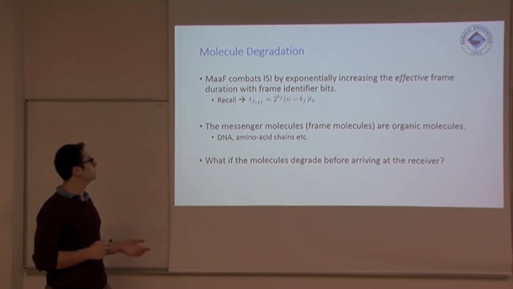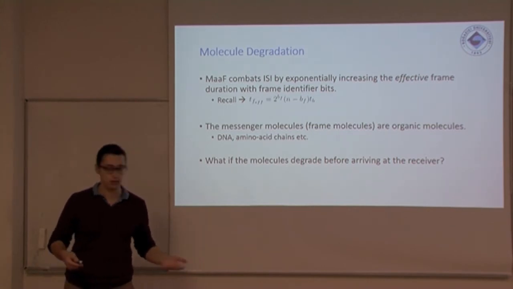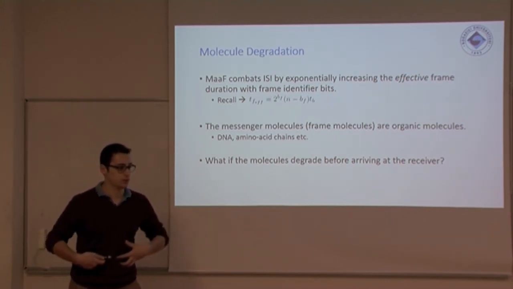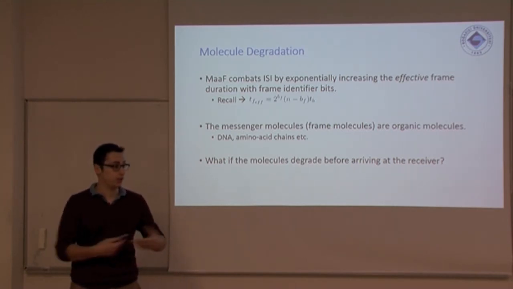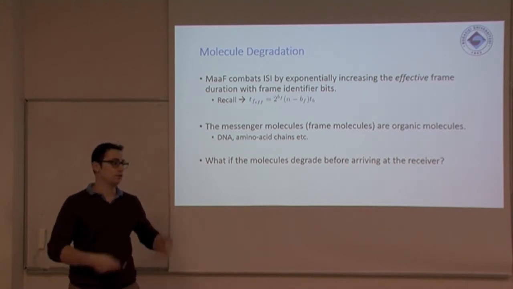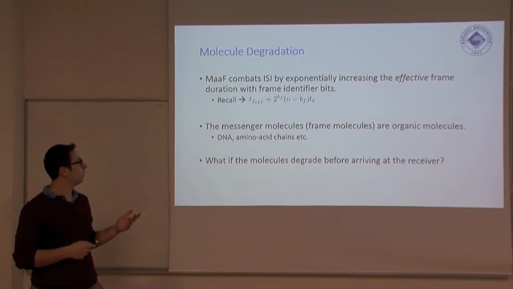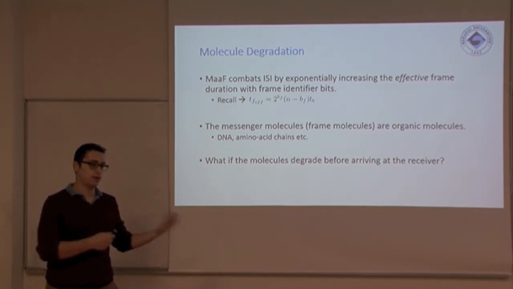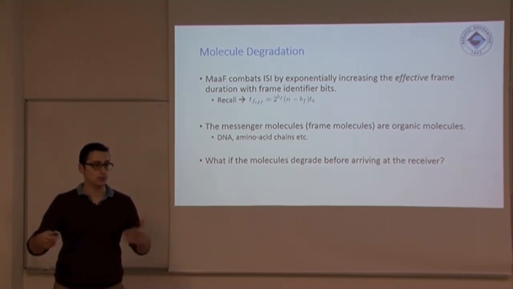But what about degradation? These molecules are biological molecules, right? They're projected to operate in our bodies. In our bodies, these molecules also have enzymes that break them, roaming around in our bloodstream or in the interstitial fluid, wherever this communication is taking place. So degradation may be a thing because of the enzymes around in the communication channel.